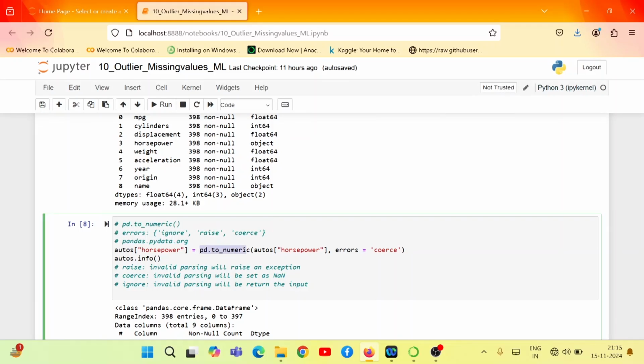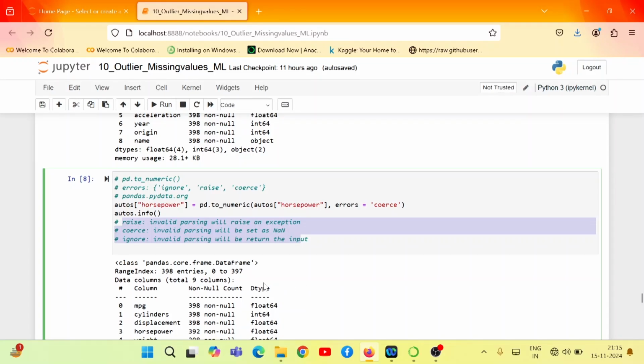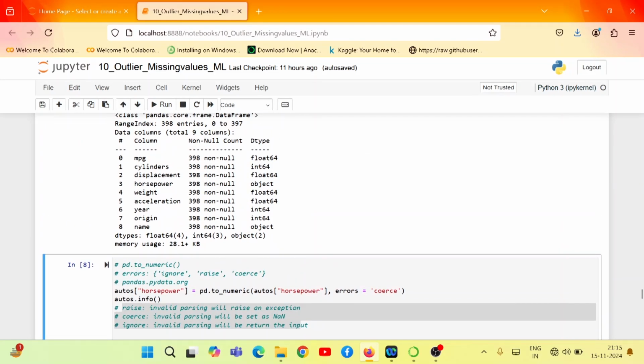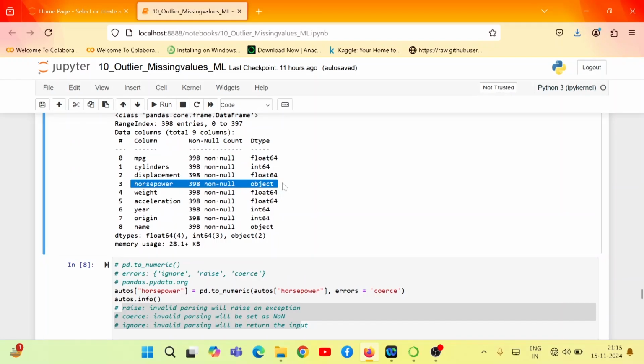It takes a parameter called errors, which specifies how to deal with non-numeric values. These are the possible parameters which we have to pass to this method. In our case, we use the errors value coerce, which converts any non-numeric value into NaN, right? So I did that. After executing this statement, you may see the horsepower column has been converted to float, whereas earlier the data type of horsepower was object, right?